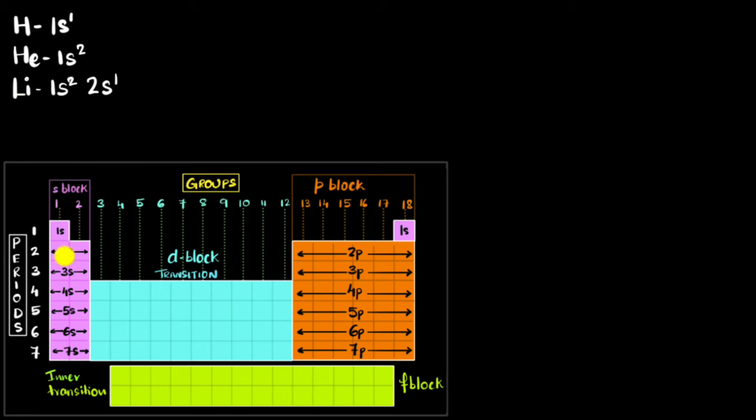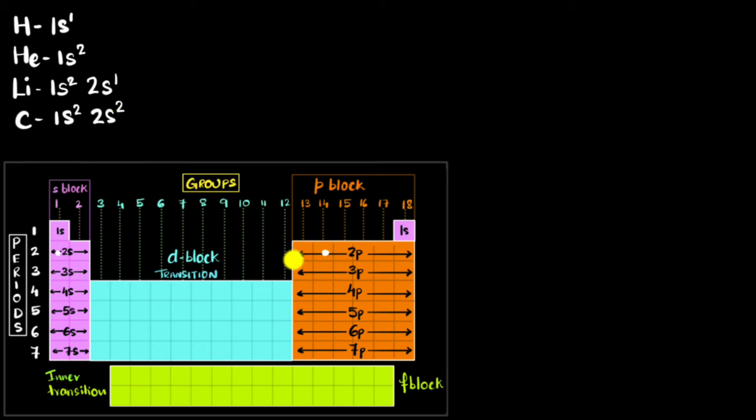Okay, let's try carbon. Carbon is over here. Again, all we have to do is locate it on the periodic table. So where do we start? We always start from the top. So 1s2, 1s is completely done. Then 2s2, 2s also is completely done.